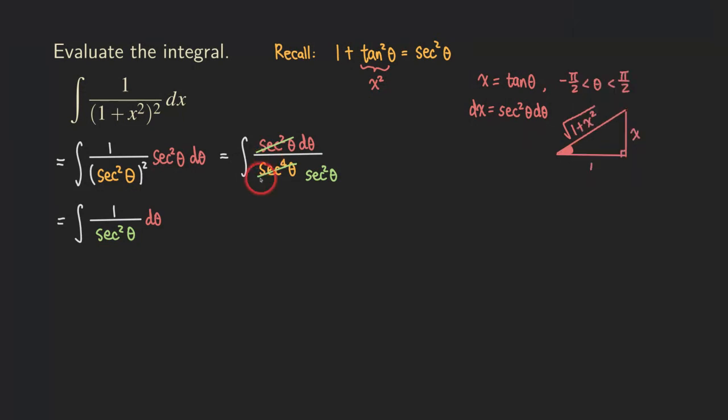Okay, so now what should we do next? It looks like a hard integral to compute, right? It looks challenging, but actually remember that 1 over secant theta is cosine theta. So 1 over secant square theta is actually just cosine square, right? So that's not even difficult. So we actually are having the integral of cosine square theta d theta here.